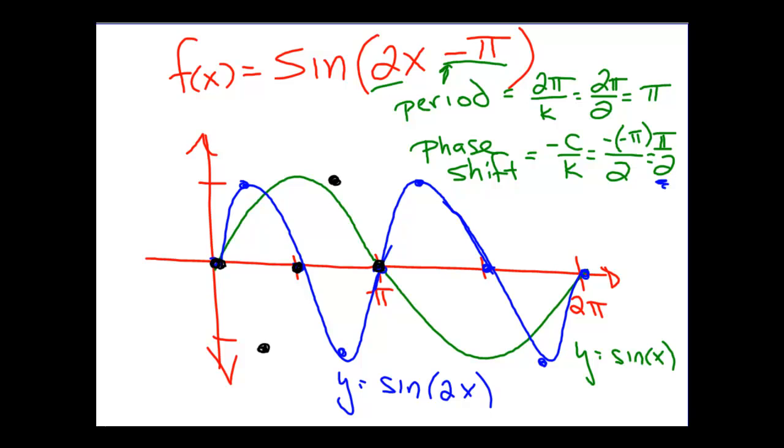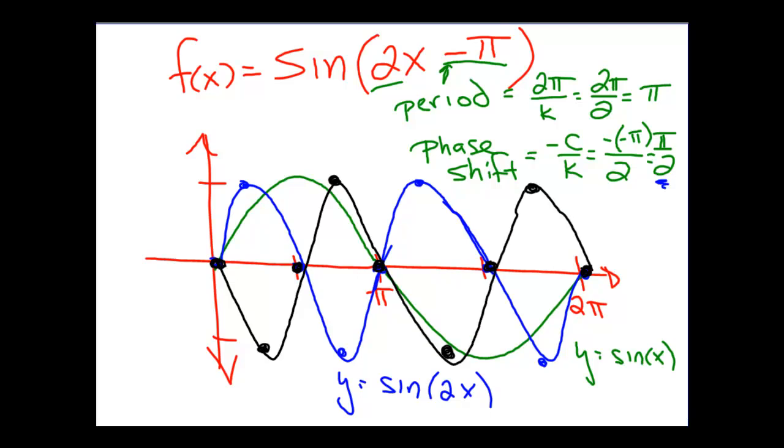There's a nice combination, a good example to start with here, of a combination of a phase shift and a period change. This will be the graph that we expect to see as a result of both the phase shift and the period. So here, this is our graph of y equals the sine of 2x minus pi.